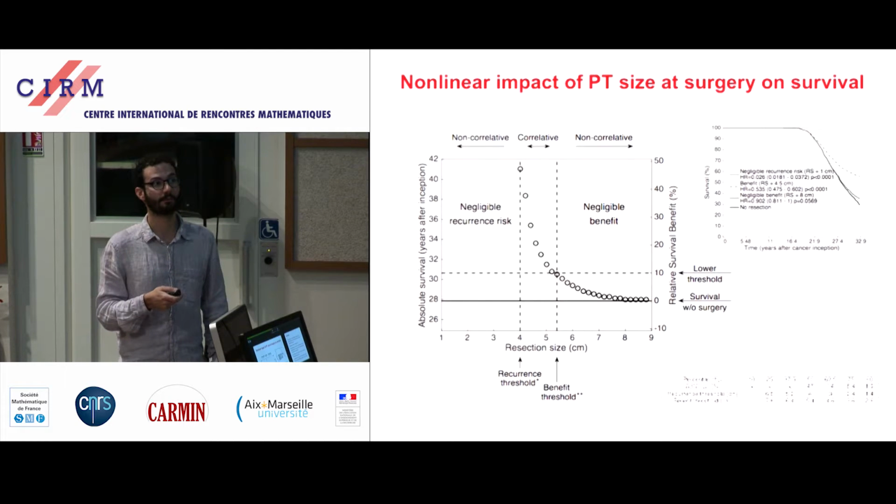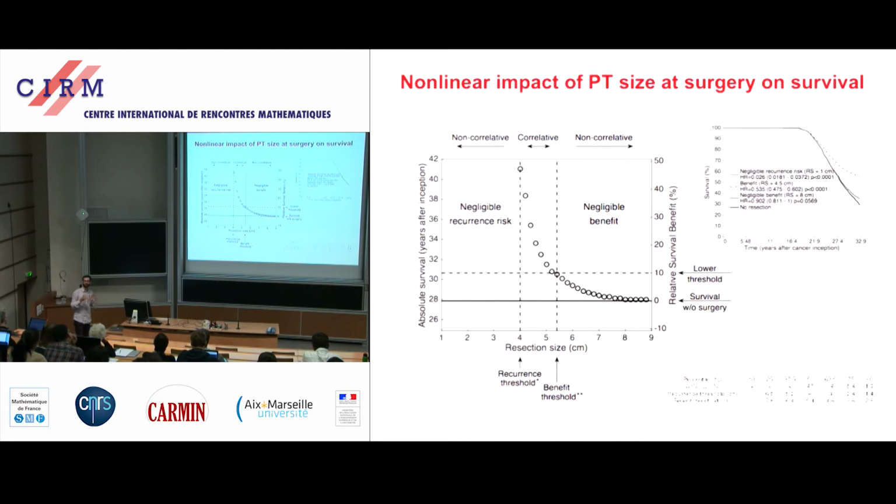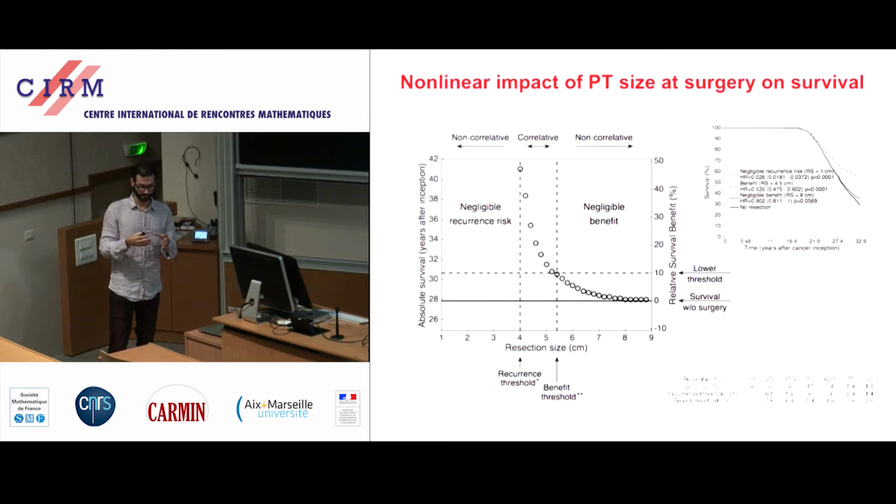And above some threshold, when the primary tumor is too large, the size is again not very informative, because the relative survival benefit between removing the primary tumor or leaving it is less than 10%. All right, these are survival curves that you can simulate, and this is a table of the values of these thresholds depending on the value of mu.